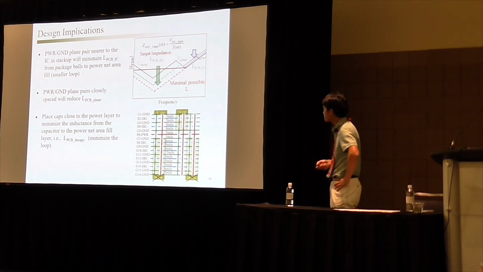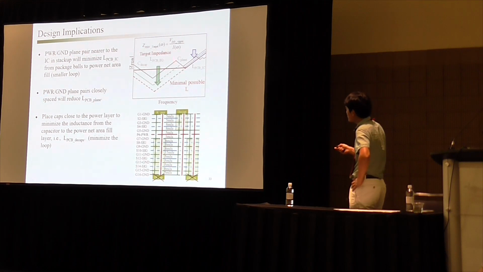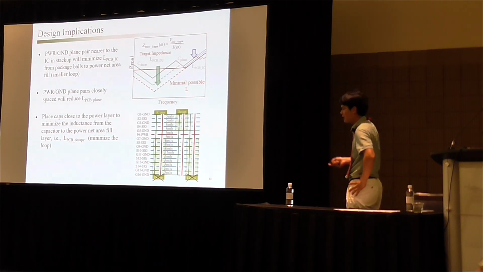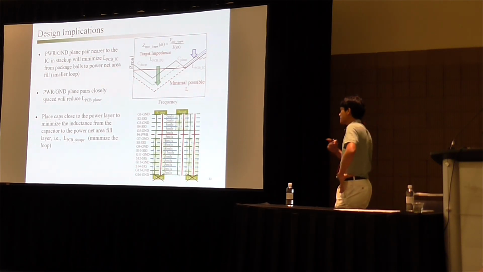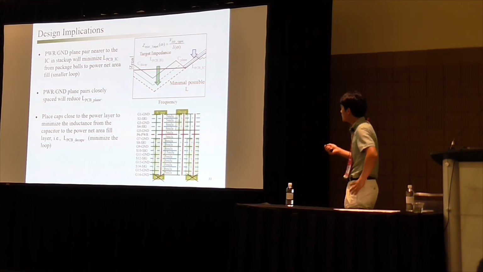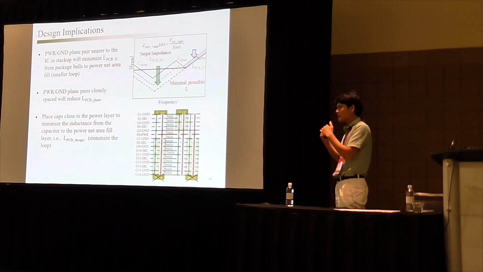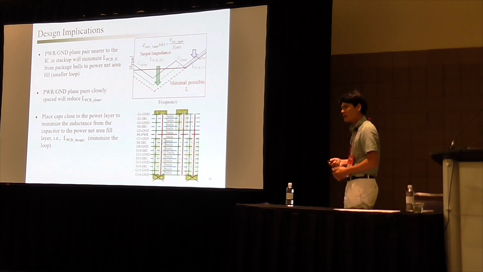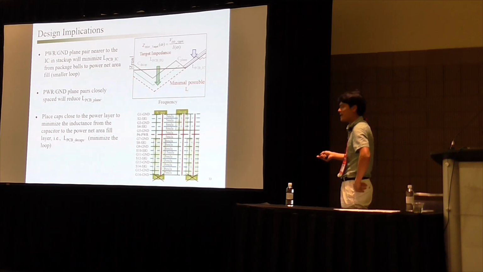And after that, we see this C-plane curve. That's from the parallel plate capacitance between the power and ground layer. So if you add some special materials, high dielectric materials, you actually can lower this impedance like this, or make this layer very thin. Then we can increase this capacitance, lowering this impedance. And after that, we see the effective inductance of this entire board from decap all the way to the IC.